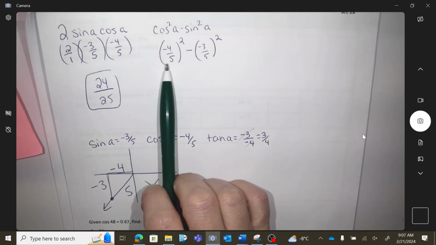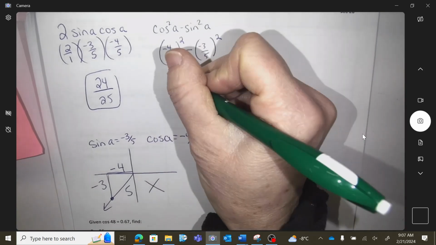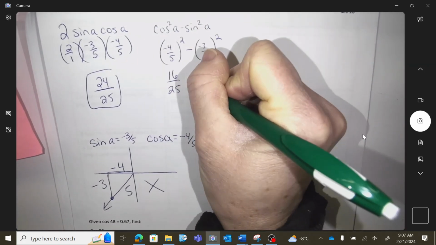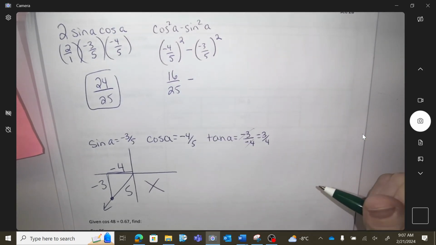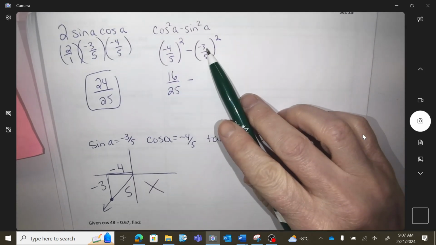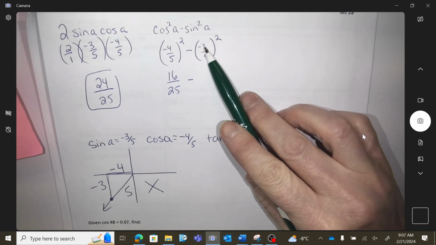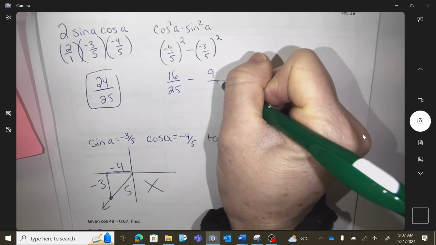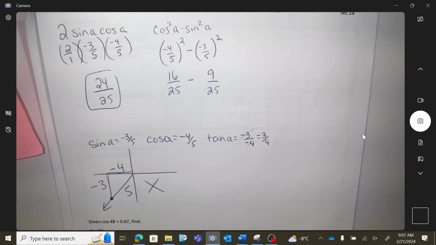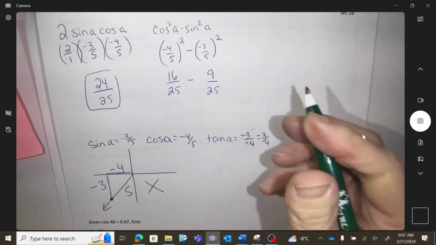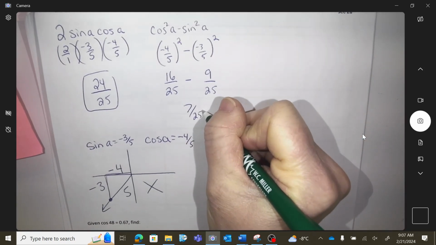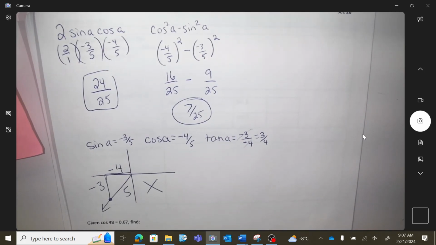So 16 over 25. That's all you're doing there. Minus, and again, this is going to be positive, so 9 over 25, which is going to make 7 over 25.